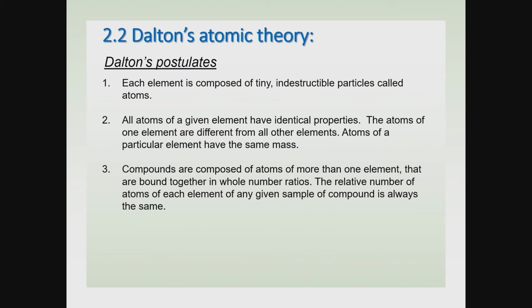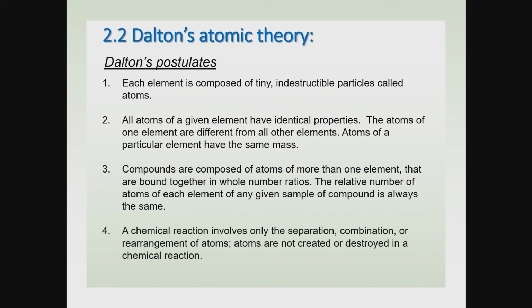Another postulate of his was about how compounds are formed. He thought compounds are formed when you have different elements binding in simple whole number ratios of atoms. Finally, he suggested that in a chemical reaction, you take a compound, for example, as a reactant, and have it undergo a chemical reaction, and it becomes a product.